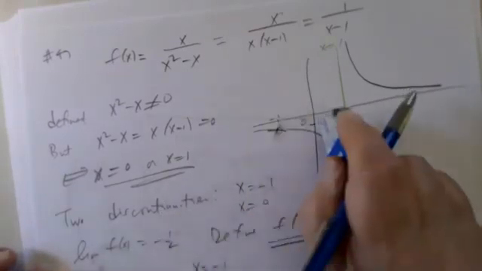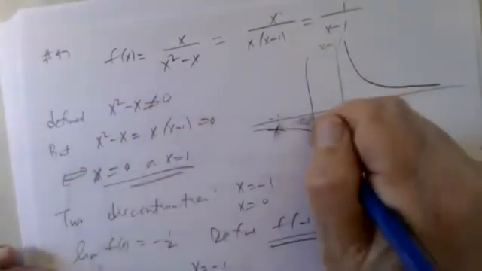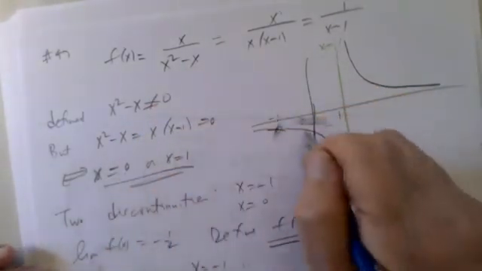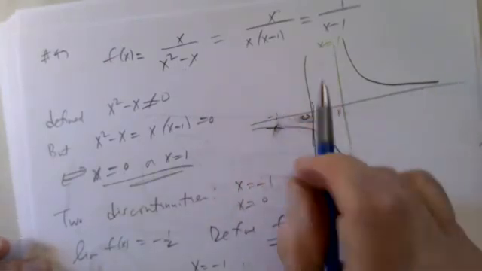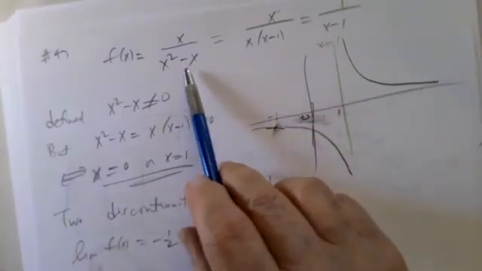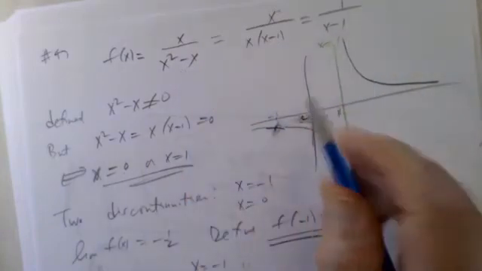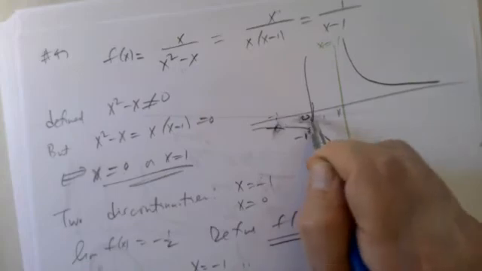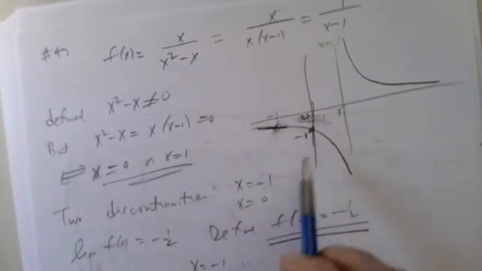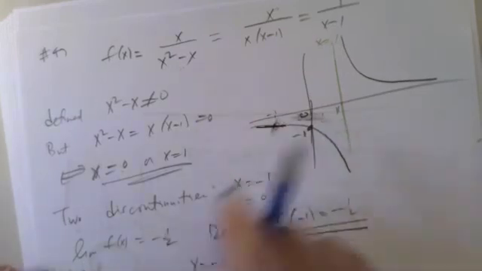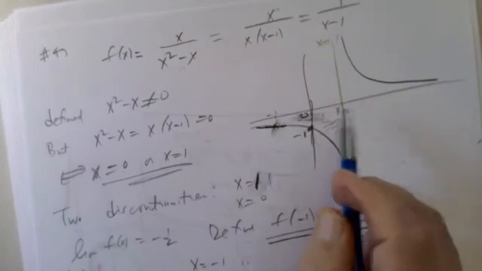So this function is undefined when x is 0 or 1. But for x different from 0 and 1, this function is 1 over x minus 1. So this is the point plus 1. Thank you. So we have two discontinuities at x equal 1 and x equals 0.